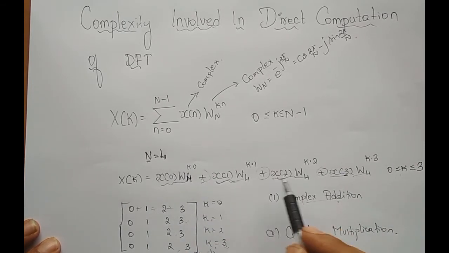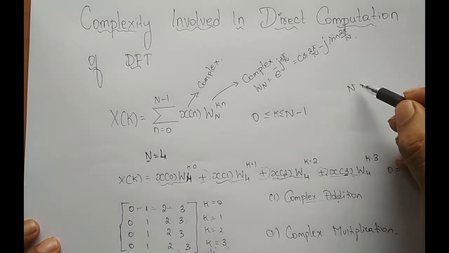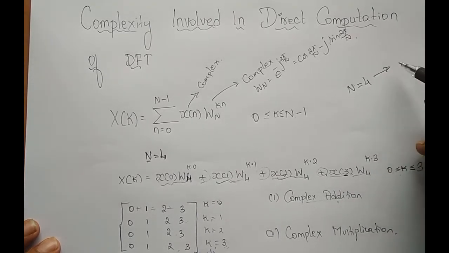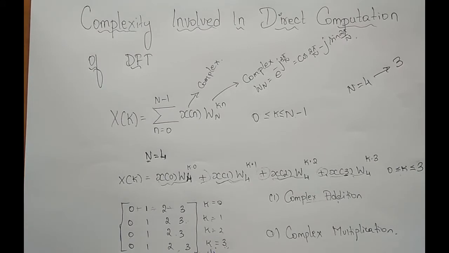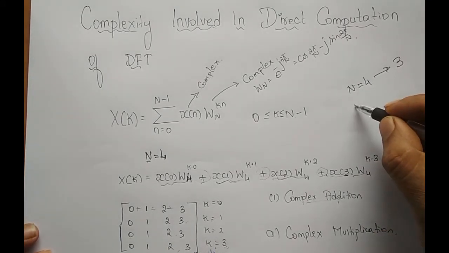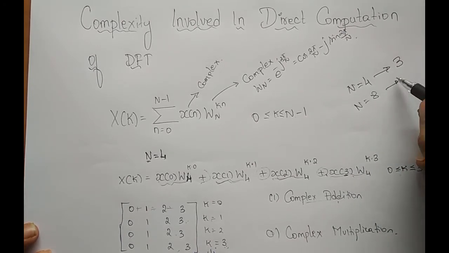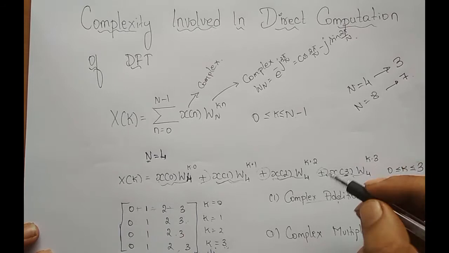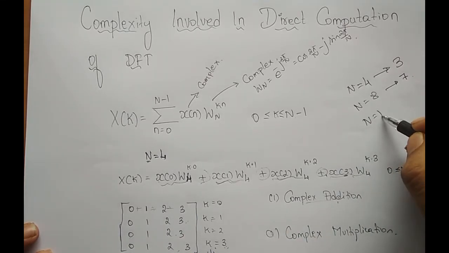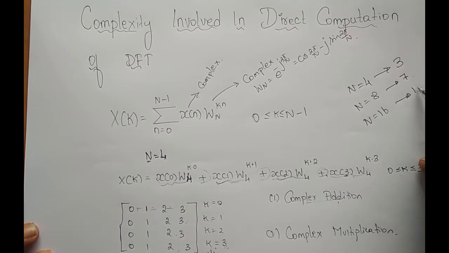So it is 1, 2, 3. So for N equal to 4, I require 3 complex additions for one value of k. Similarly for N equal to 8, how many complex additions do I require? It is 7, that is N minus 1. For N equal to 16, how many complex additions do I require? It is 15.